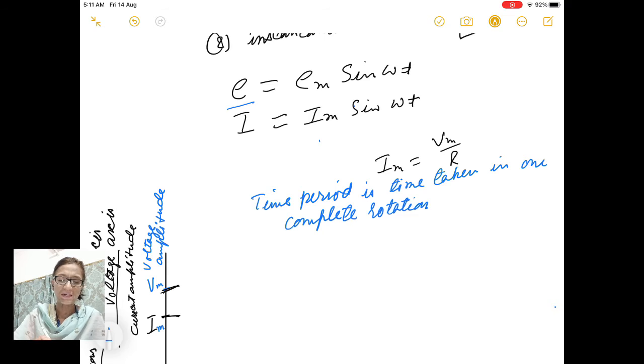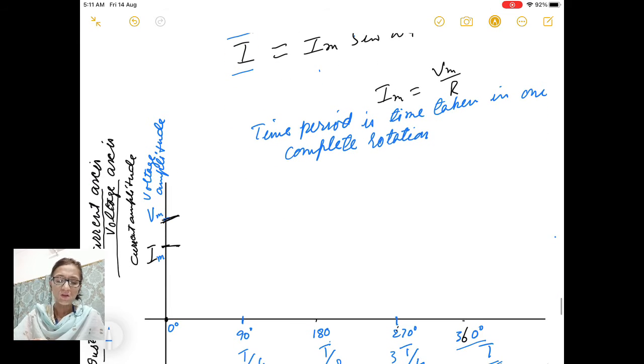This is your instantaneous EMF and this is instantaneous current. Now on this axis the maximum value of voltage EMF is Vm. EMF cannot exceed this value, and this is your highest value of instantaneous current, called current amplitude.